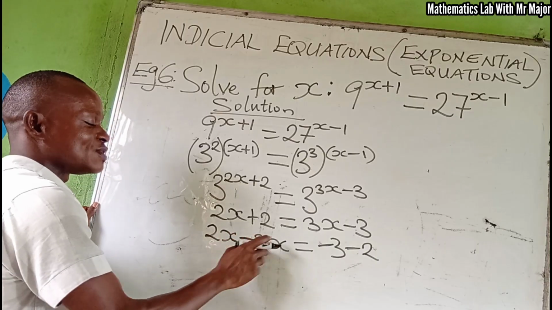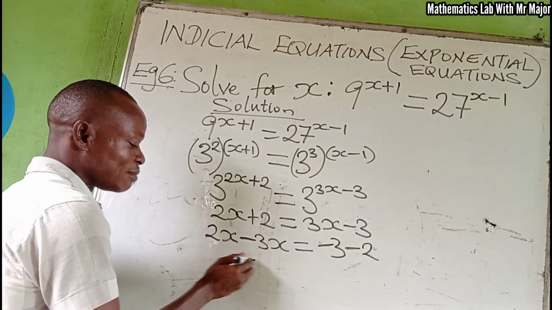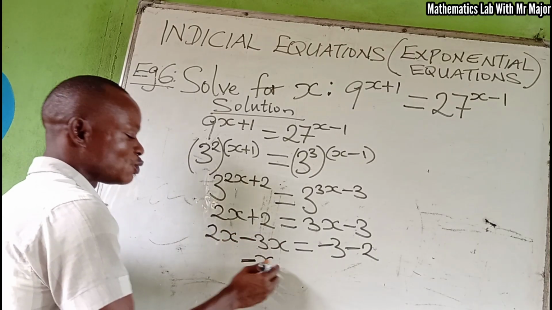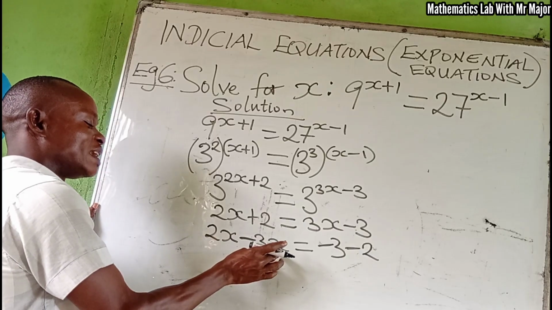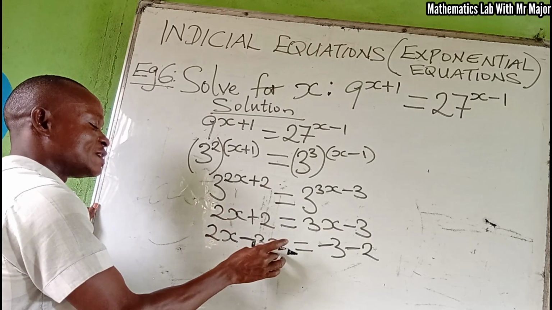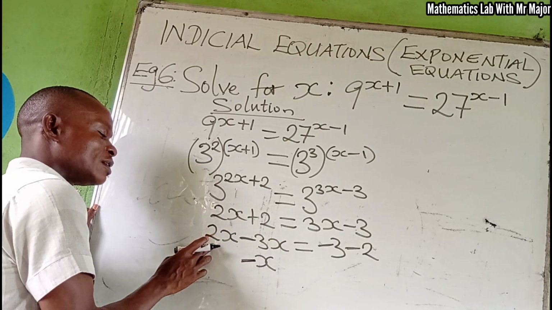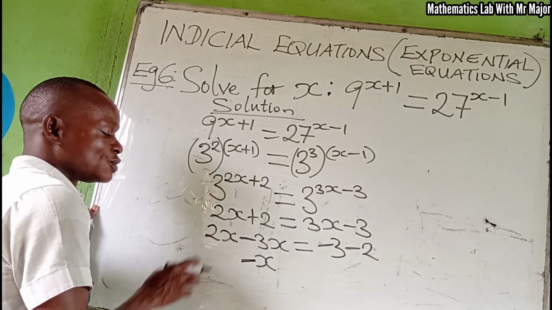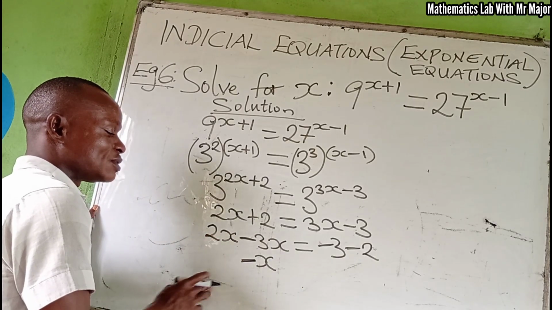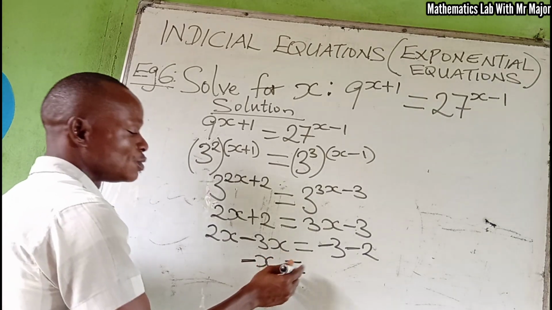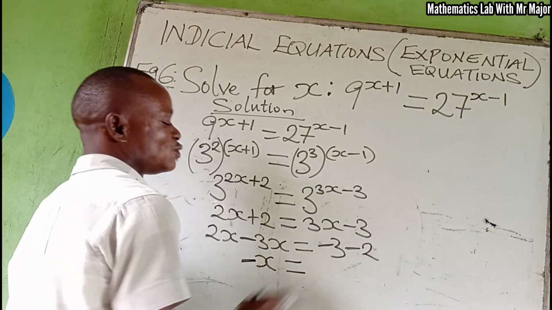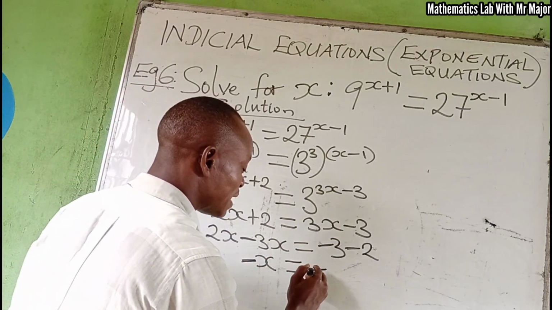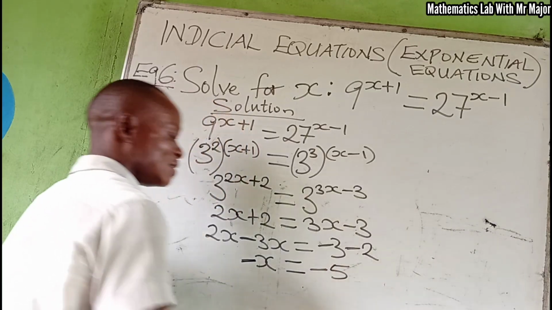2x minus 3x will give you minus x, because when you are subtracting a number with a higher face value from a number with a lower face value, you have a negative answer. So 2x minus 3x is equal to minus x, equal to minus 3 minus 2 will give you minus 5.